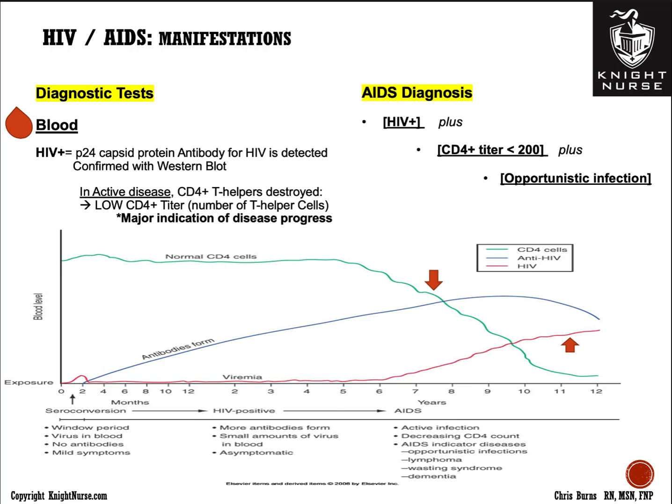They do some lab work and they check the T helper level and they notice that CD4 titer is less than 200. And they're like, whoa, what can cause that? So then they check the patient. If they don't already know, they check the patient for their HIV status. So HIV positive, plus CD4 titer less than 200, plus an opportunistic infection, that is the syndrome of AIDS.